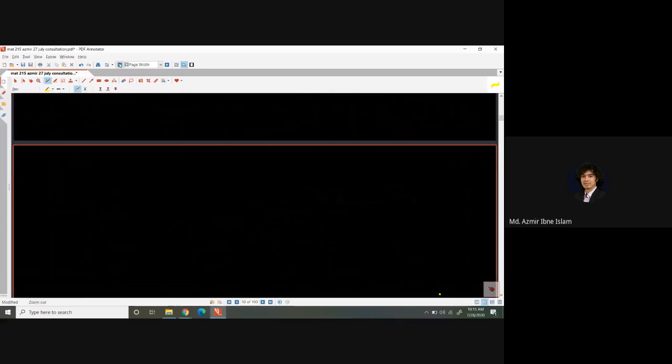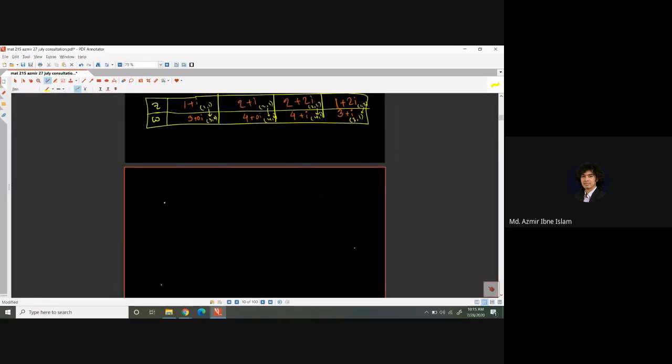So now we are just trying to map all these things here. It is the z plane. We have the points (1,1), (2,1), (2,2), (1,2). So let's look at all the points that we have in the z plane. (1,1) will be here.